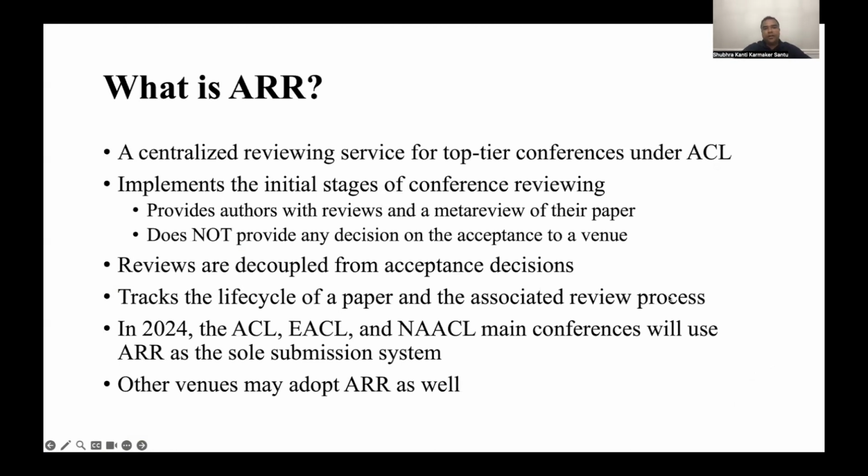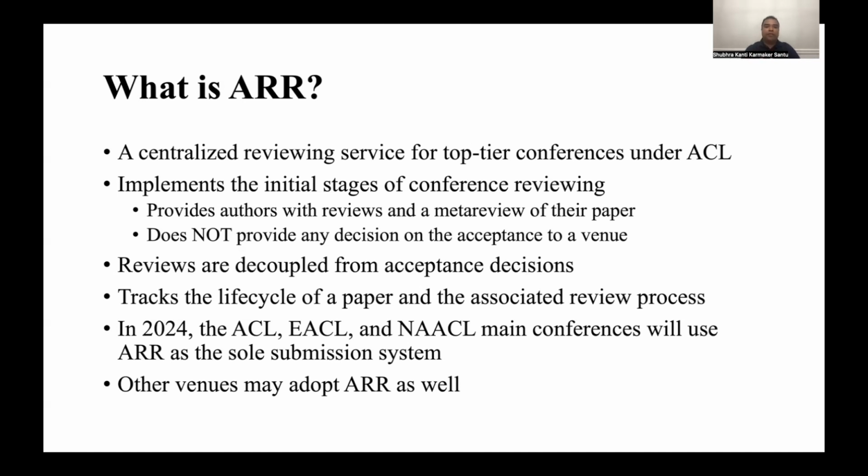So what is ARR? ARR is a centralized reviewing service for top-tier conferences under ACL. As we know, every year, ACL organizes multiple conferences, and as NLP researchers, we submit papers to these conferences, which go through double-blind reviews, and we get an acceptance or rejection decision at the end of the conference reviewing cycle.